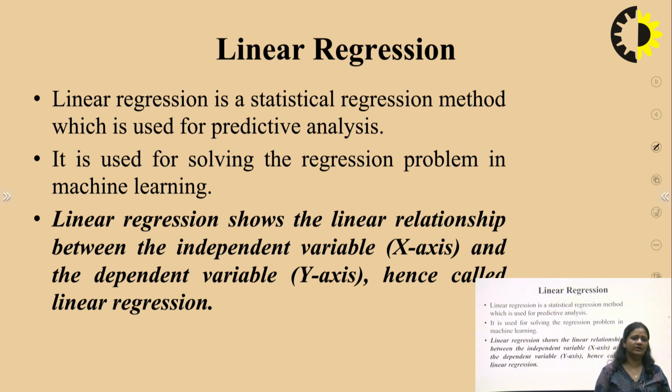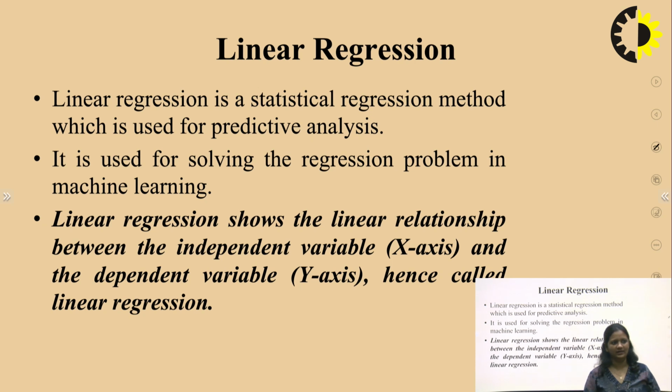Like we discussed previously, the number of road accidents depends upon rash driving. So there is a linear relationship between these two variables, and this type of problem can be solved with the linear regression method. Linear regression shows the linear relationship between the independent variable, shown on the x-axis, and the dependent variable, on the y-axis.